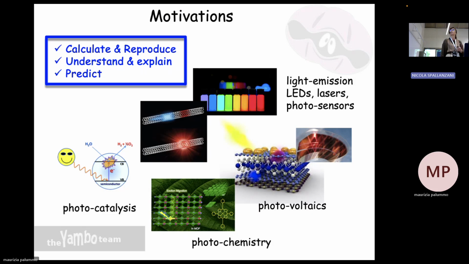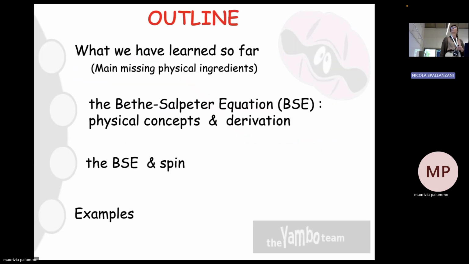So let me go to the outline of the talk. First, I will try to give you a reminder of what we have learned up to now. Then we go to the derivation of the Bethe-Salpeter equation, and try to understand which are the key physical phenomena related to it.